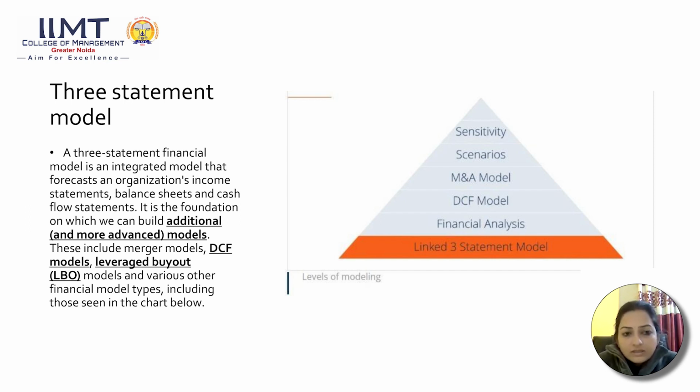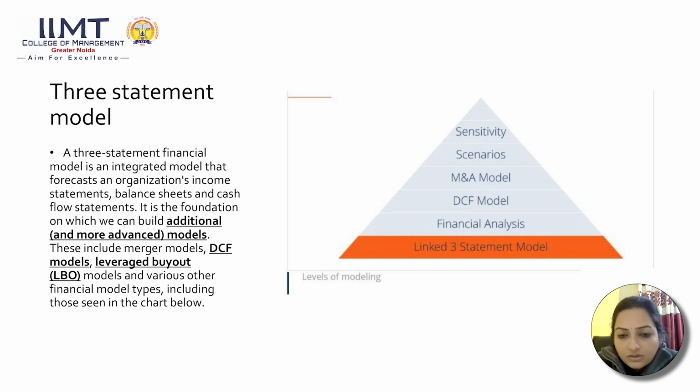This model interlinks the three statements together and makes a foundation on which we can build other additional and more advanced models. These include merger model, DCF model, LBO model, and various other financial model types, including those seen in this chart below.